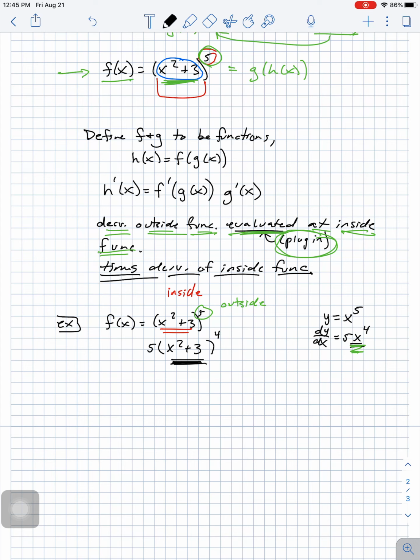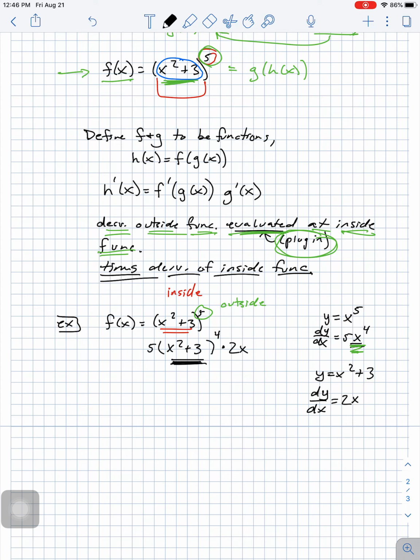Well, let's look at that. The inside function is x squared plus 3, so the derivative of that is 2x plus 0. So I'm going to multiply by the derivative of the inside function.